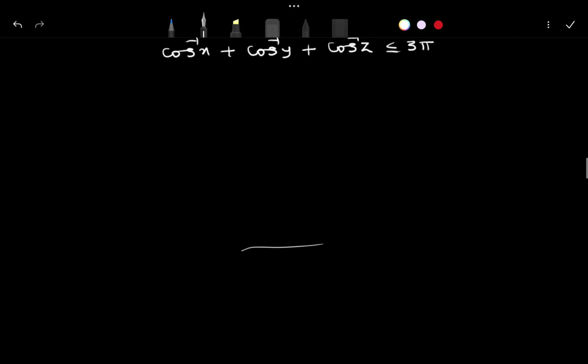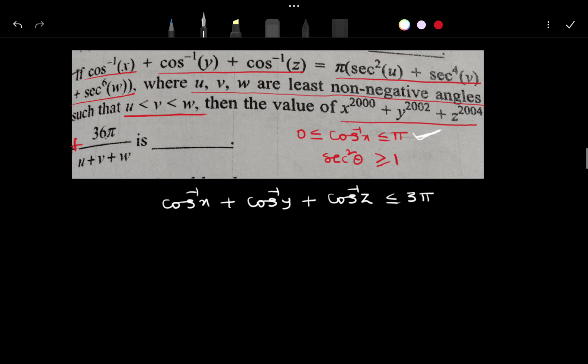And from the second result, secant square u plus secant v whole to the power of 4, so whatever power is an even number, plus secant w whole to the power of 6.